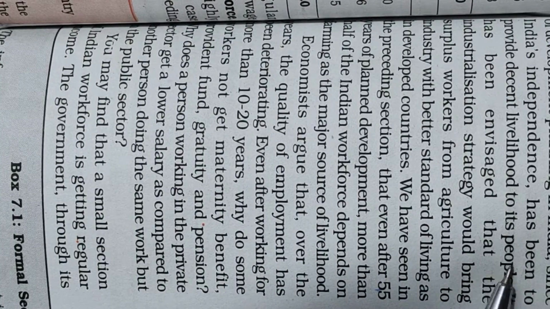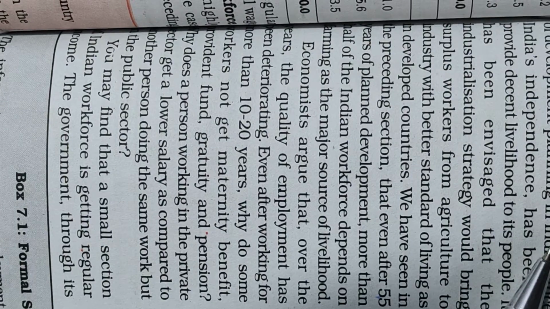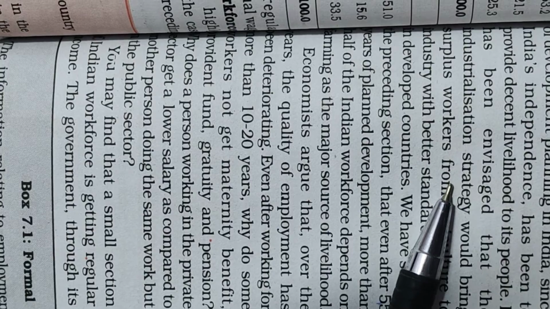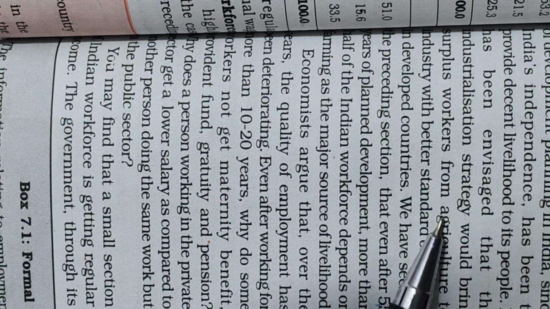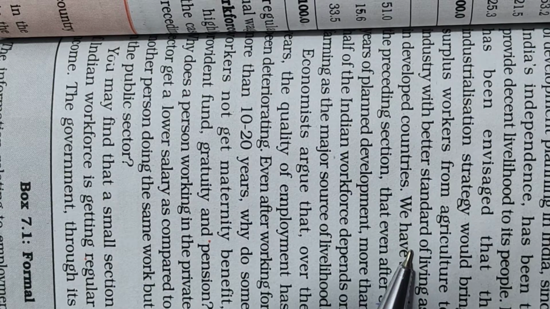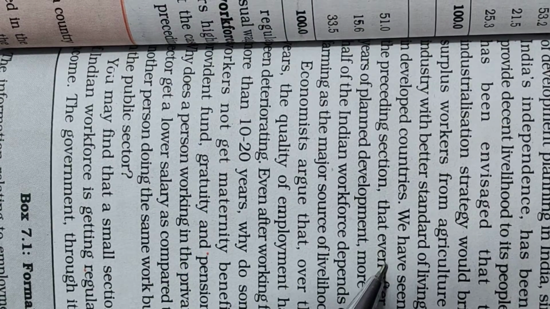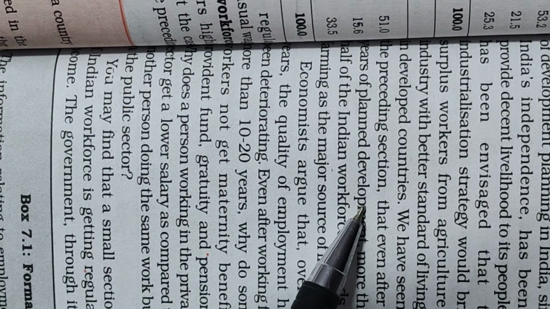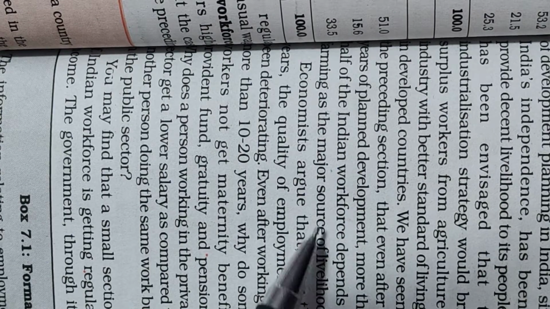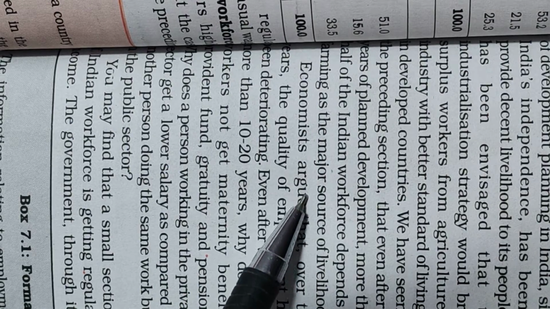It has been envisaged that the industrialization strategy would bring surplus workers from agriculture to industry with a better standard of living as in developed countries. We have seen in the preceding section that even after 55 years of planned development, more than half of the Indian workforce depends on farming as a major source of livelihood.